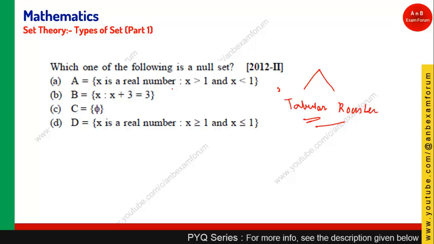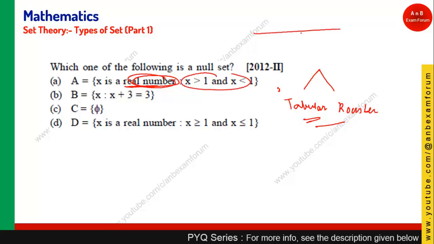A is x is a real number such that x is greater than 1 and x is less than 1. Remember student, there is no real number between 1 and 1. There is no equal to condition there. So basically it is not any real number which fits with this condition.